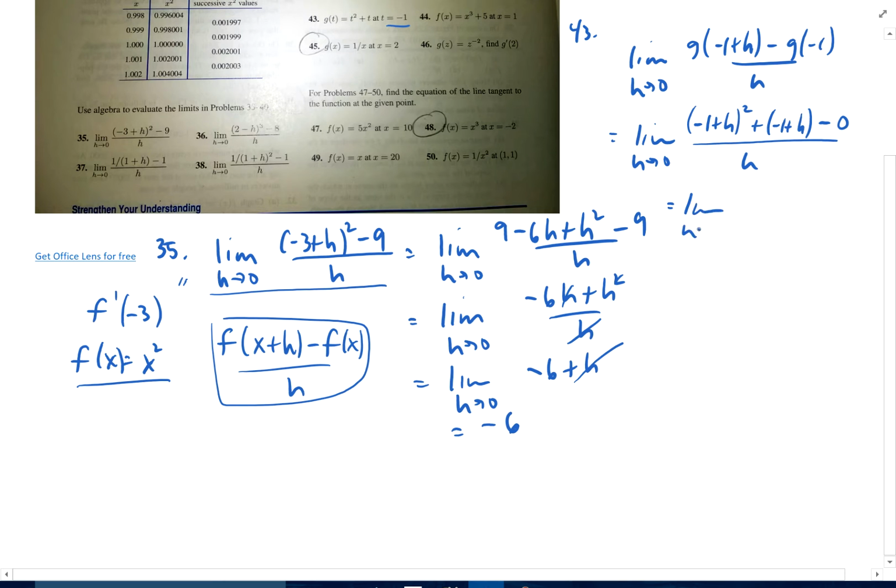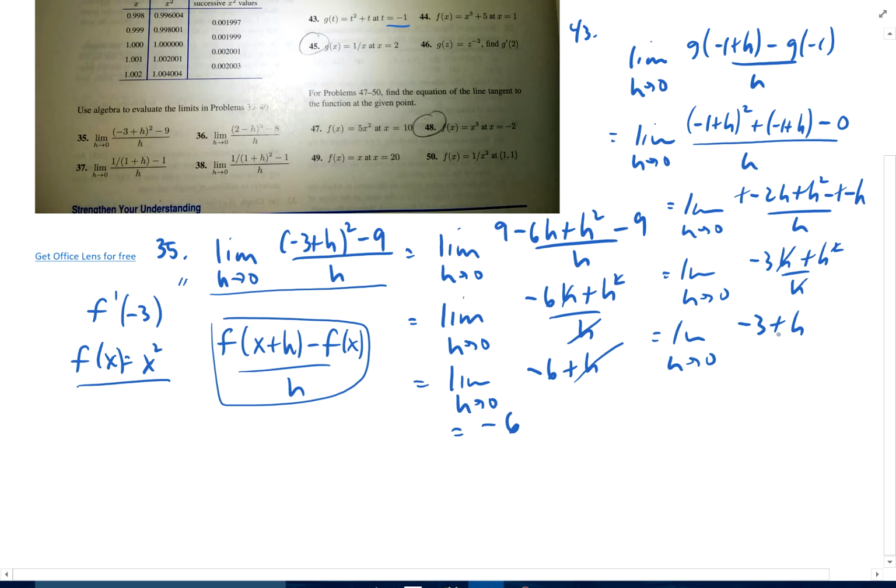So that's the limit as h approaches 0 of 1 minus 2h plus h squared minus 1 minus h all over h. So let's see, the ones cancel. We get the limit as h approaches 0 of negative 3h plus h squared over h, and one of the h's cancel. So that's the limit as h approaches 0 of negative 3 plus h, and as h goes to 0, that's gone, so I get negative 3.